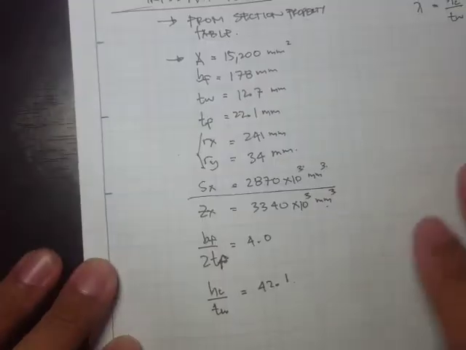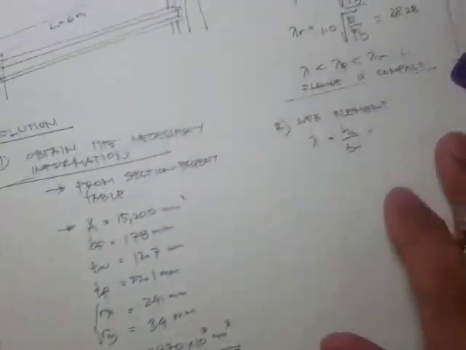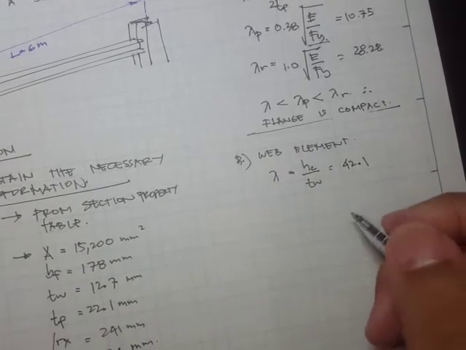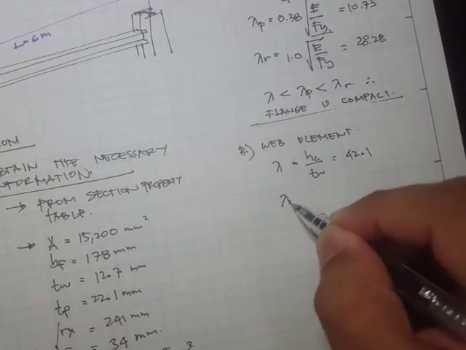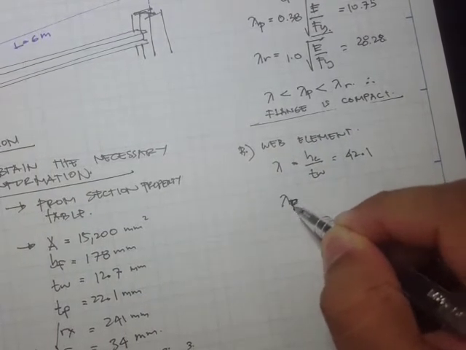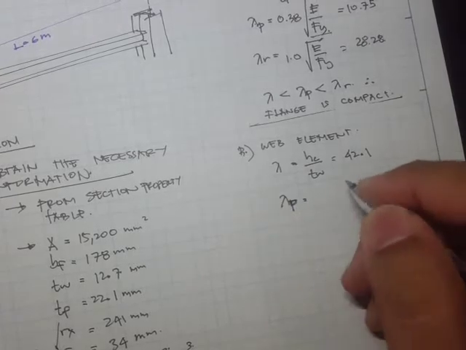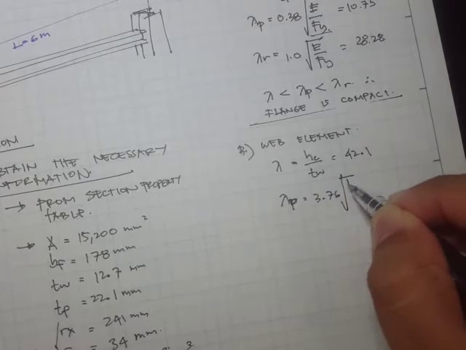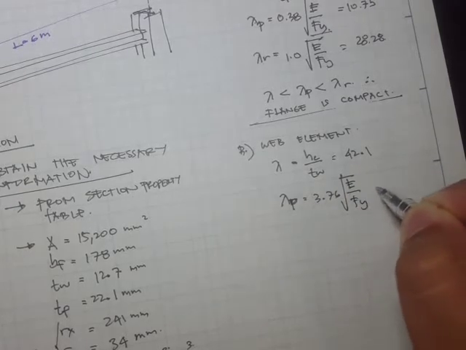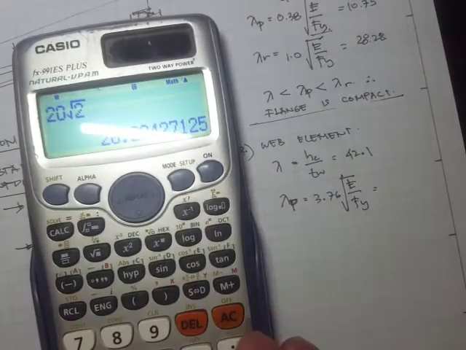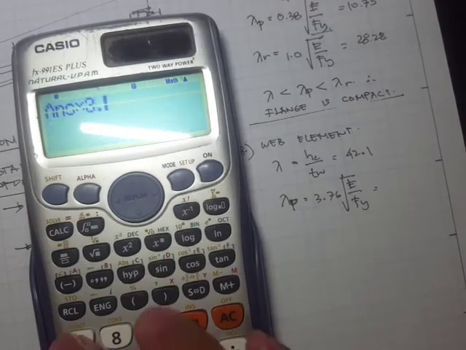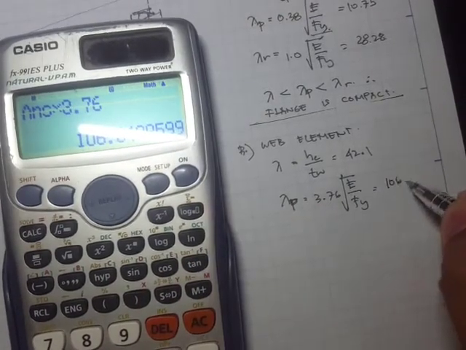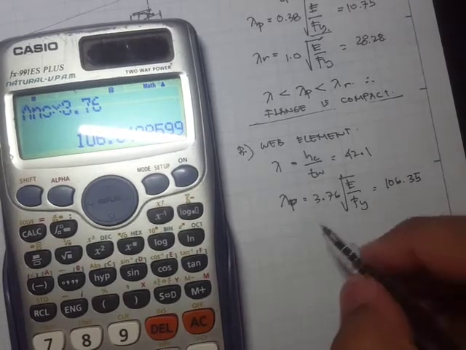The value is 42.1. And our limiting value, let's start with lambda sub p, is 3.76 square root of E over Fy, which is just times 3.76, that's 106.35.